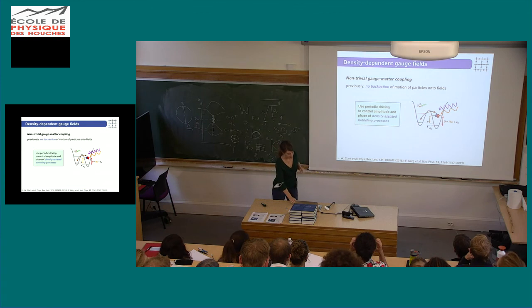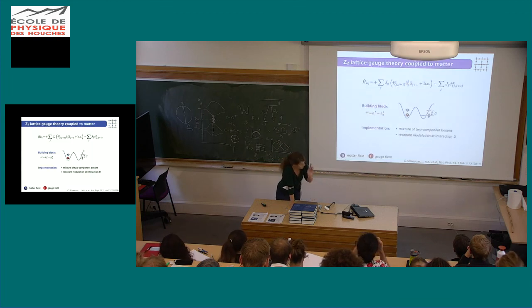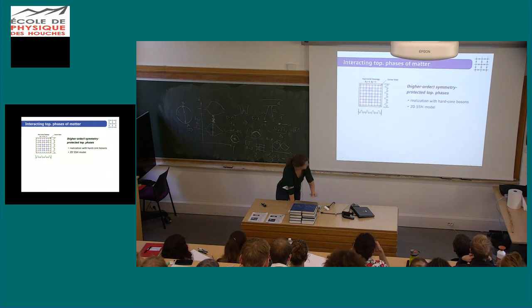And you can even generalize that further and go in the direction of lattice gauge theories, where you now really have fields that have their own degrees of freedom, and you couple them to matter and you play around with those. And we have performed one experiment on that in C2. But to close, what our main line of research is also at the moment is to study interacting topological phases of matter.